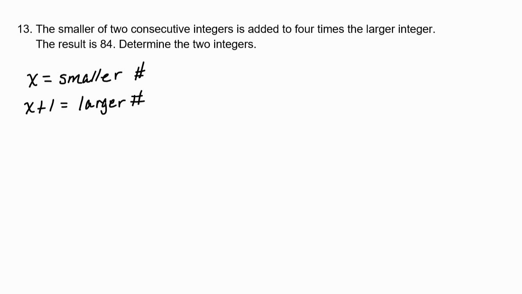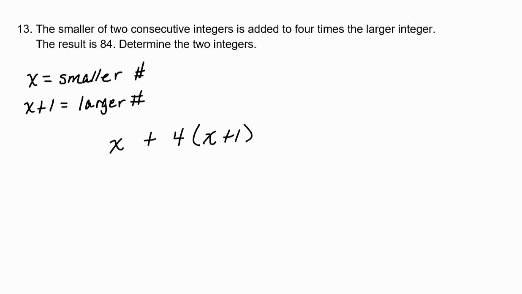Now let's go back to the problem again. The smaller of two consecutive integers, which is x, is added to 4 times the larger. So 4 times that larger number is going to be 4 parentheses x plus 1.